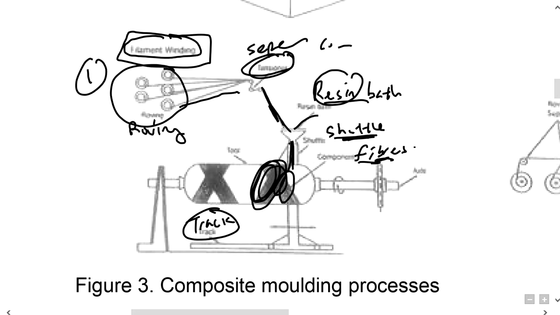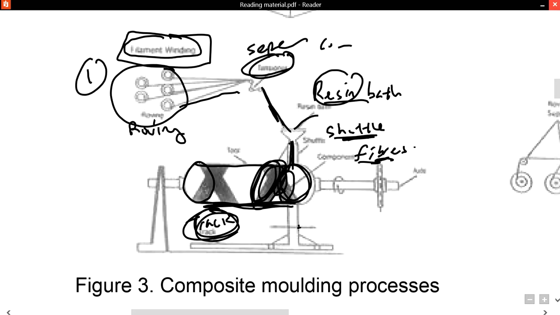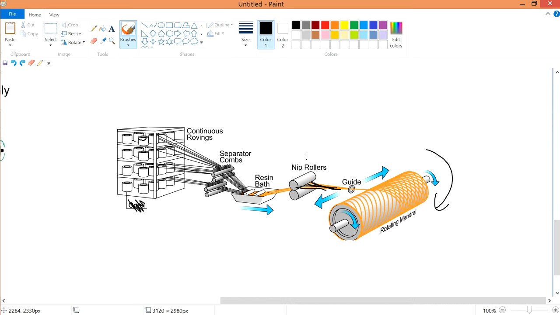This track, most probably, is to control the mandrel. This whole circular stuff is the mandrel. Once you finish filling up the mandrel, this track will start to remove the circular part. It is removable.